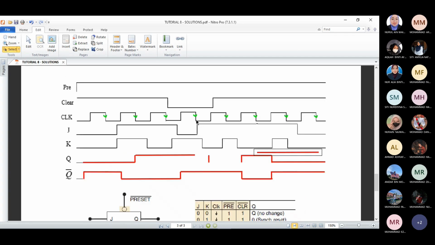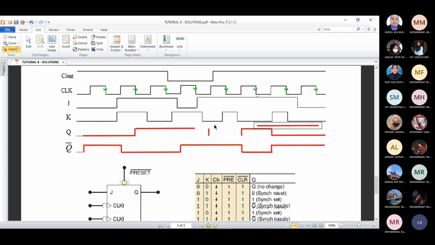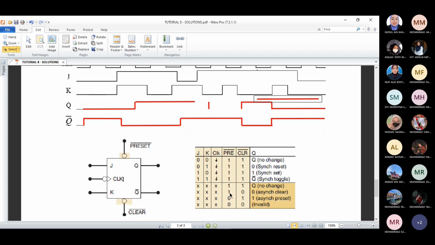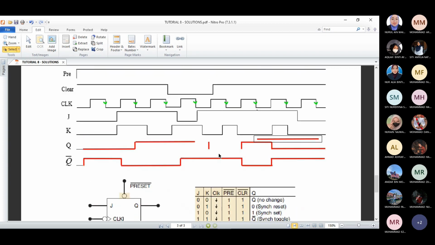Okay, where this part here preset is 1, clear is 0. So kita tengok preset is 1, clear is 0. Automatically whatever the input of J and K are, dia punya Q akan jadi kosong. So automatically it will change states from 1 to 0.